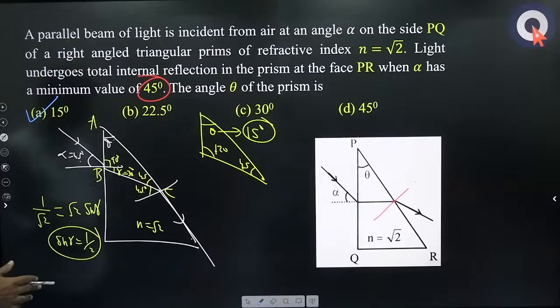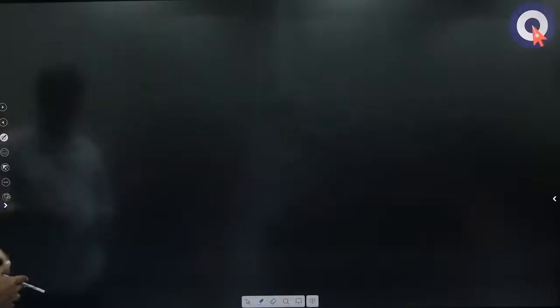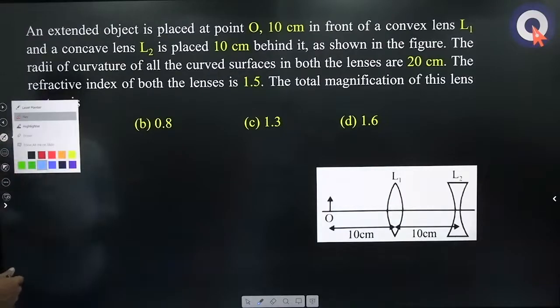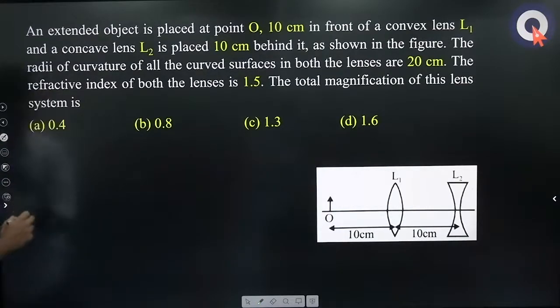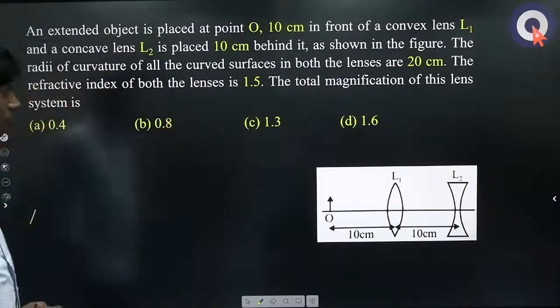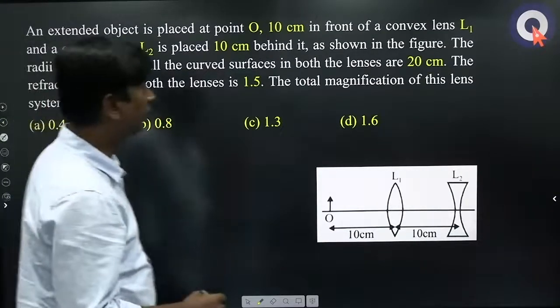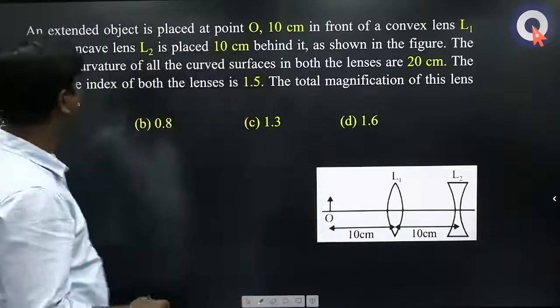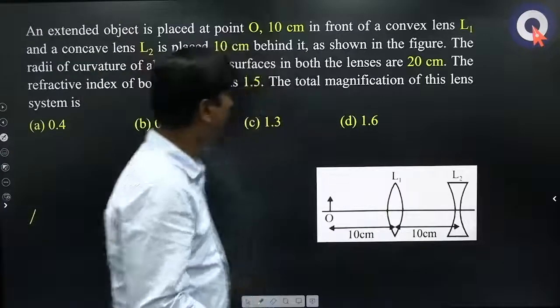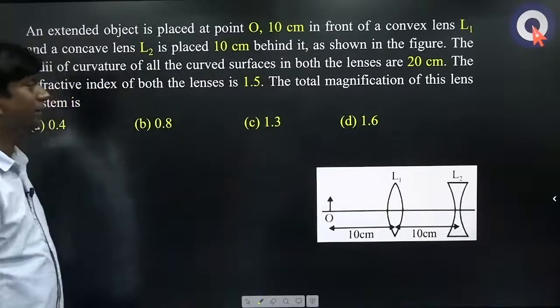This is again a prism question only. You have a combination. An extended object is placed at a point O, 10 centimeters in front of a convex lens L1, and a concave lens L2 is placed 10 centimeters behind it, as shown in the figure.